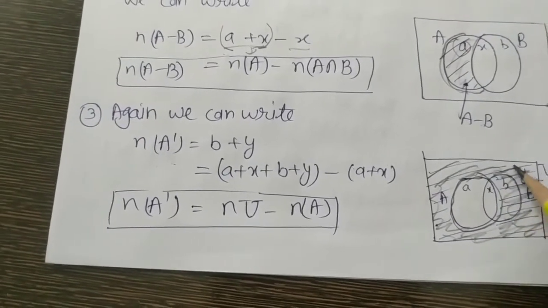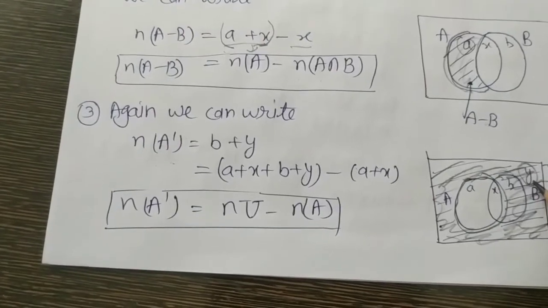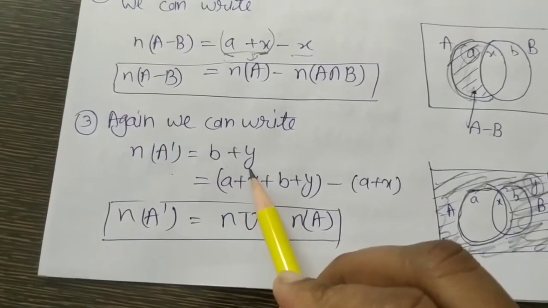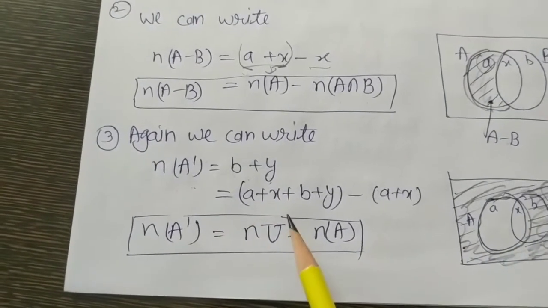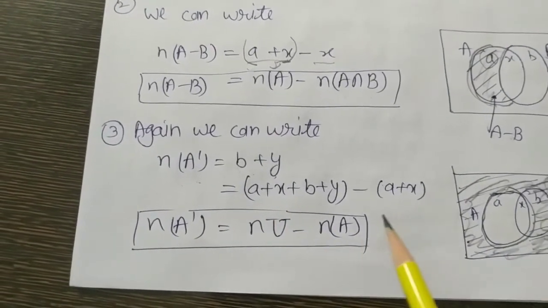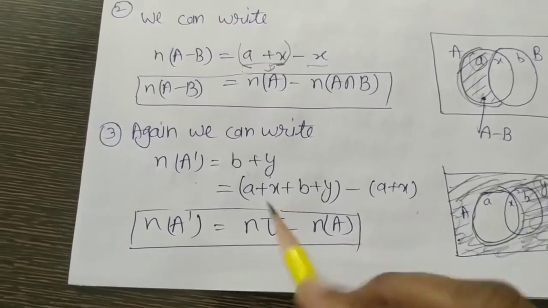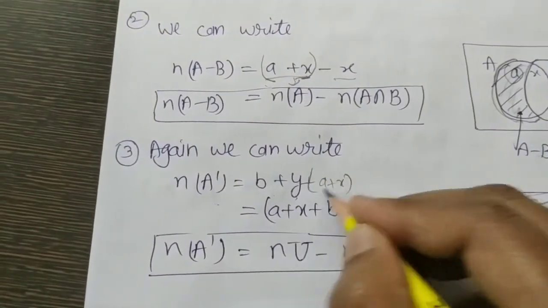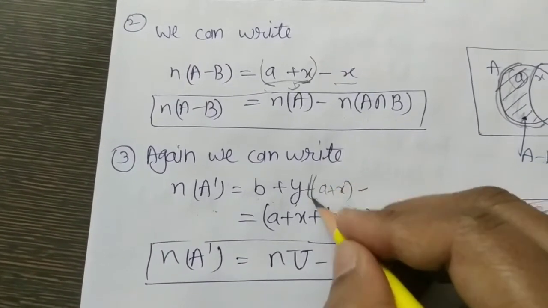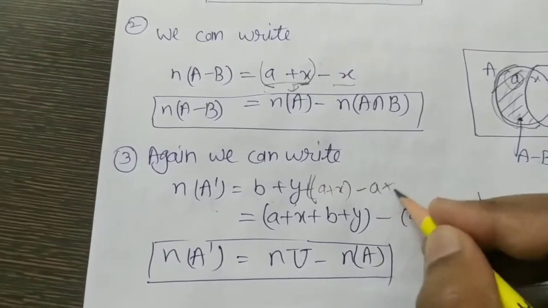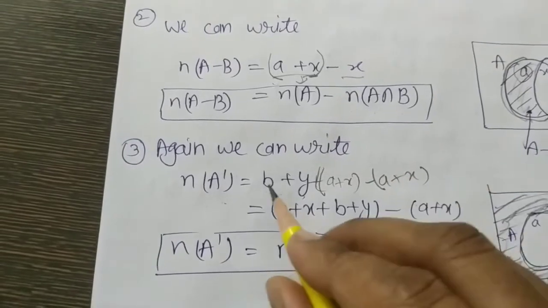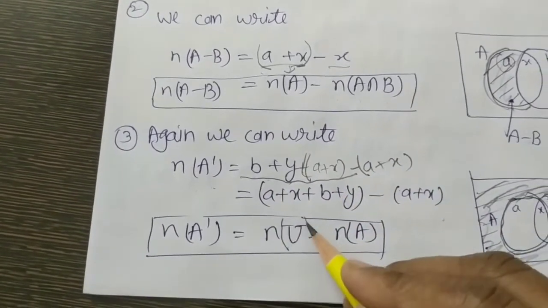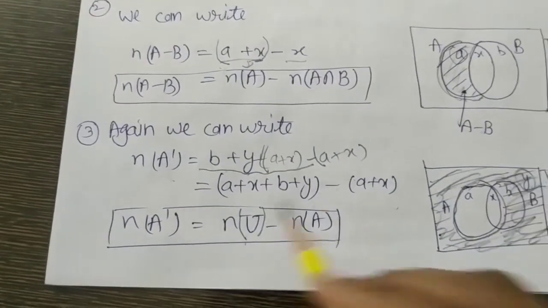This B and outside the B, Y. So I can write B plus Y. I have added A plus X and subtracted A plus X. This total become number of element in universal set.